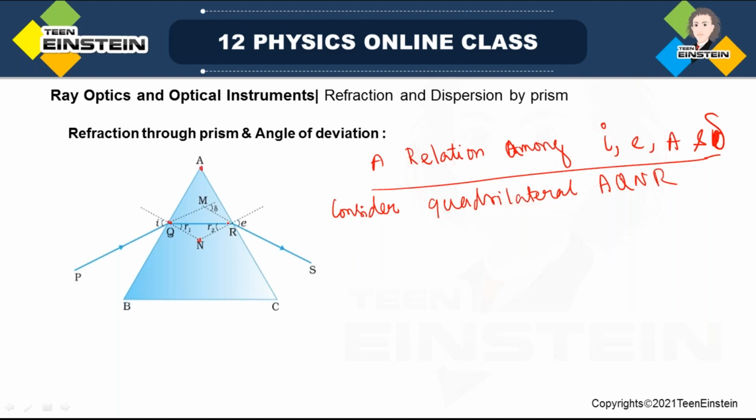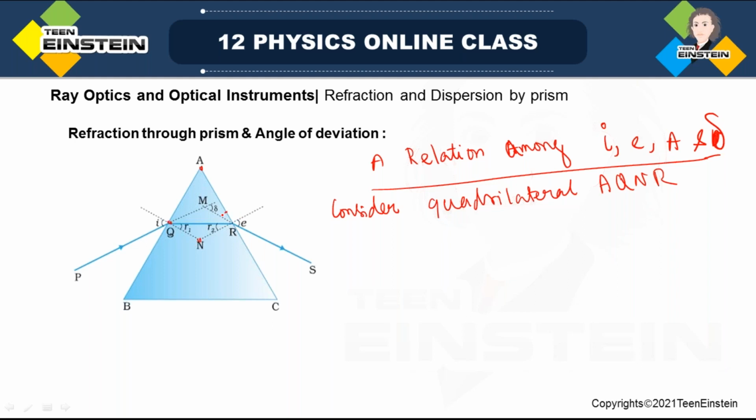Look, this is A, Q, N, R. Since QN and NR are the normals, QN is normal to the AB surface and NR is normal to the AC surface.